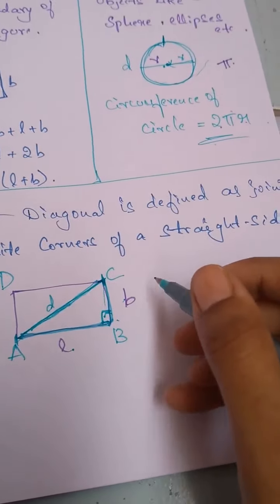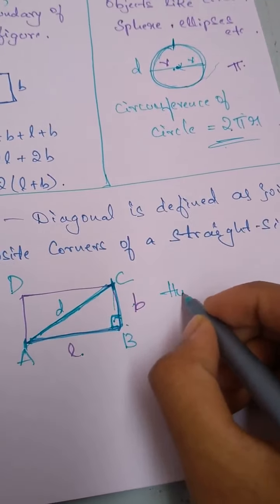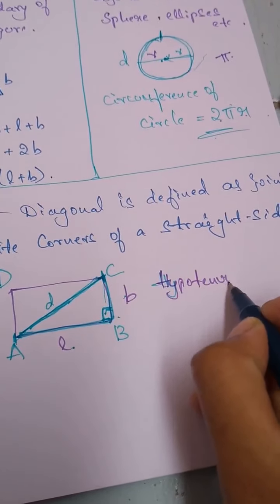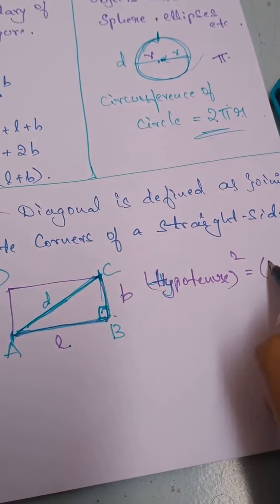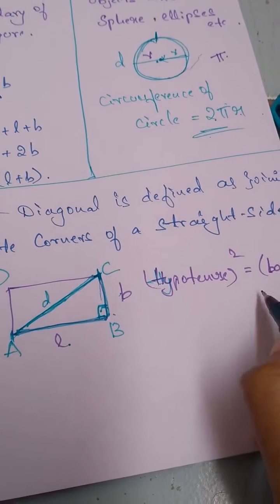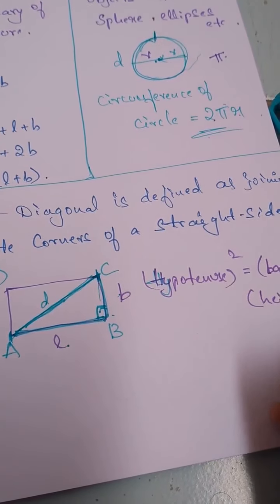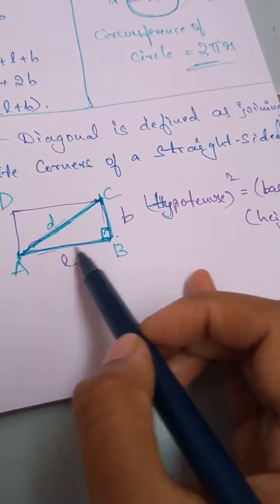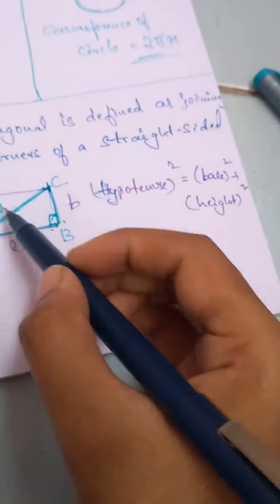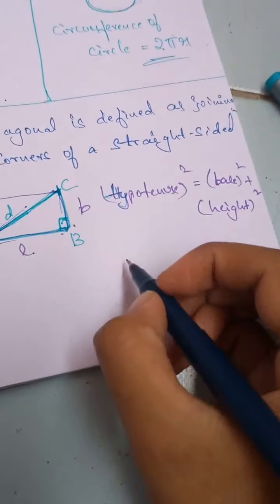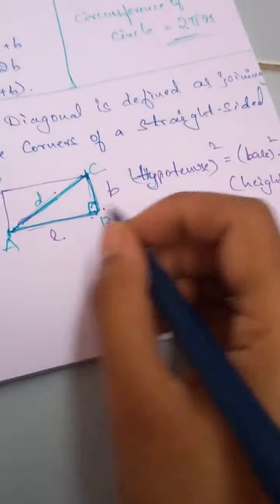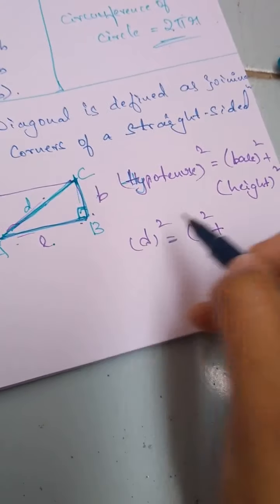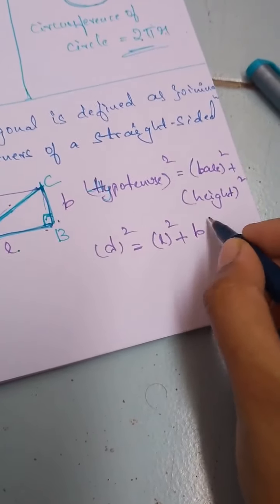The longest side of a triangle becomes the hypotenuse. So from the properties of a triangle, hypotenuse whole square is equal to base whole square plus height whole square. Here this is the hypotenuse, this is the base, this is the height. So this is d whole square, where base means l whole square plus height b whole square.